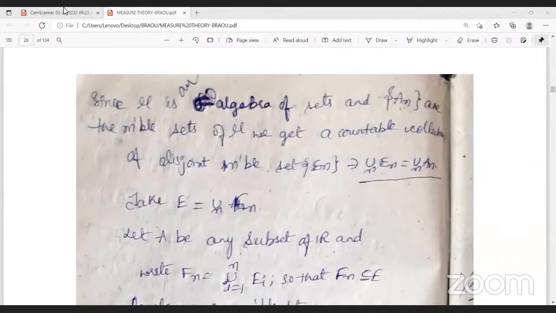Same, write down E is a subset of E1 and En plus 1 is a subset of En. Decreasing function.